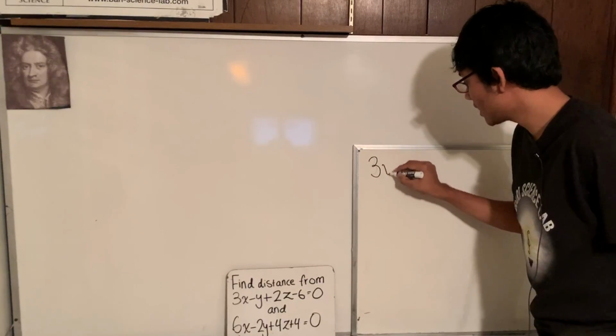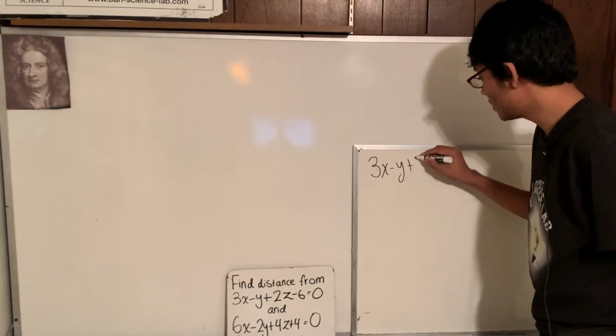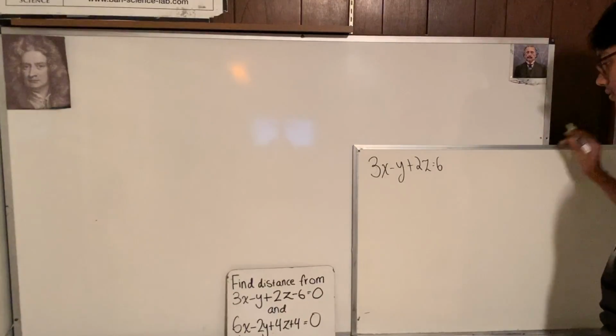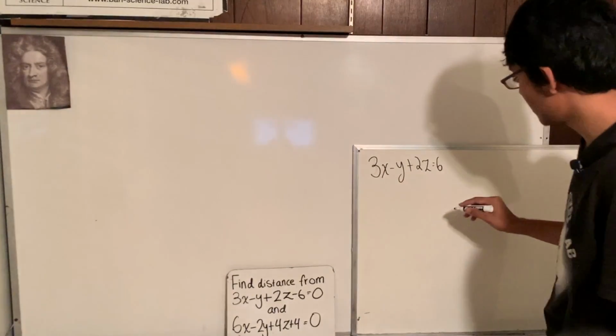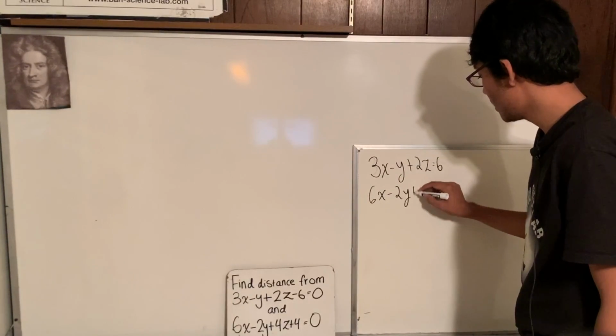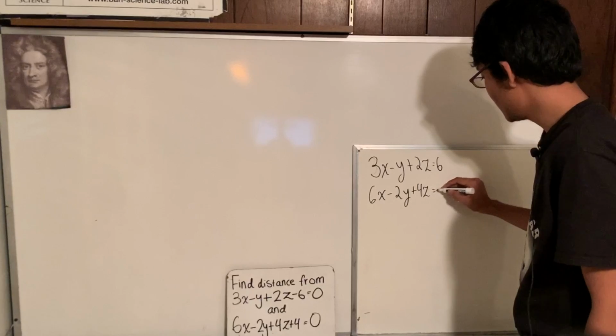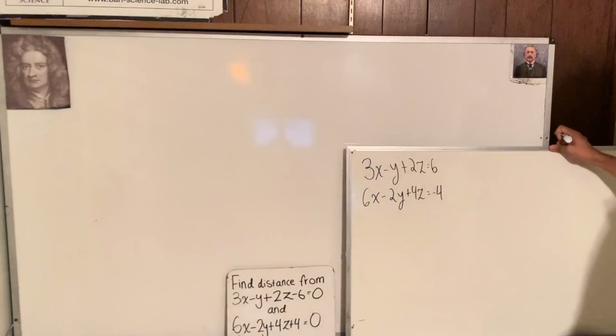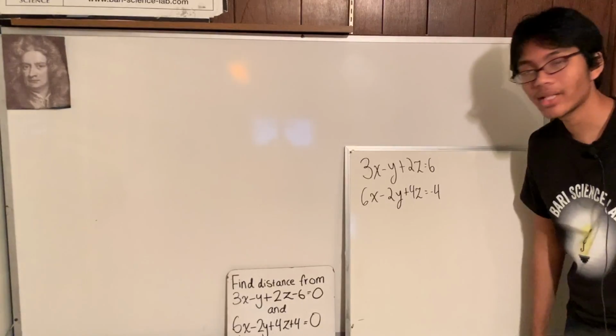So we've got 3x minus y plus 2z, and all of that equals 6. And our second plane is 6x minus 2y plus 4z is equal to negative 4. Now, do you see the similarity?